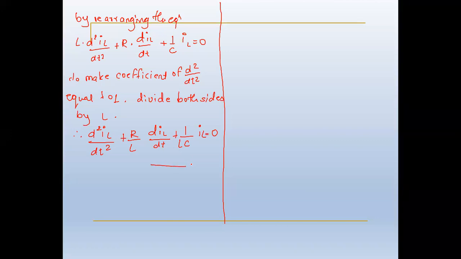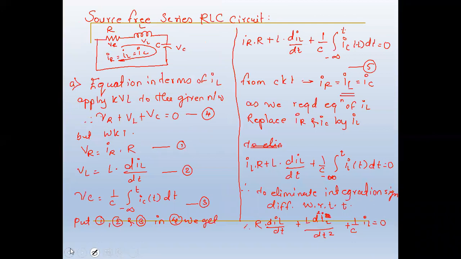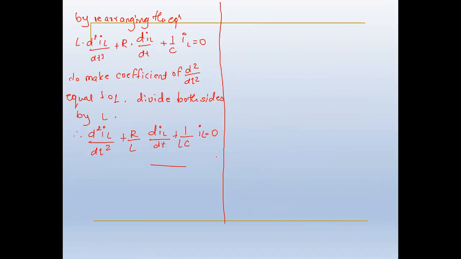Let us call these equation numbers. What are the previous equation numbers we have gone through? 5, yes, and this equation we have called 6, and 7.